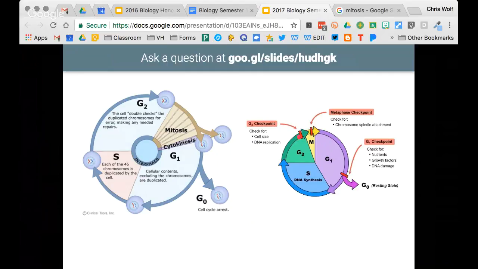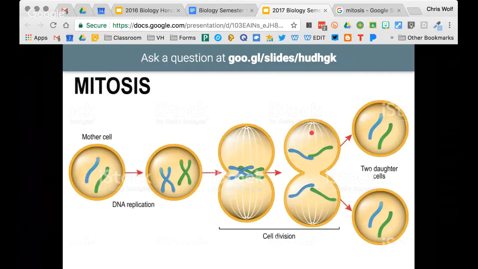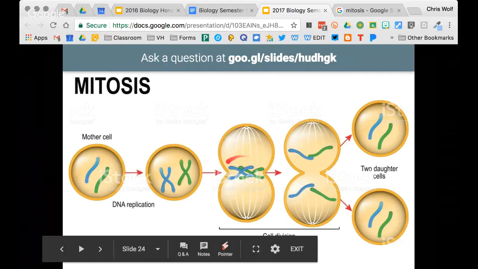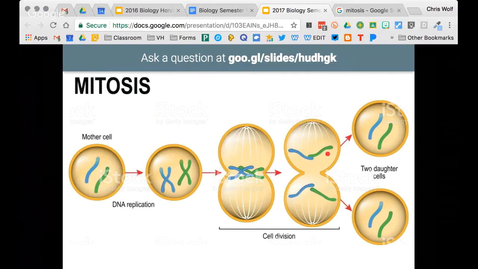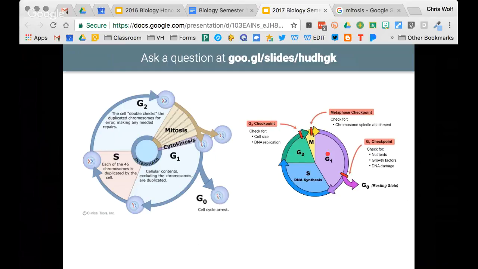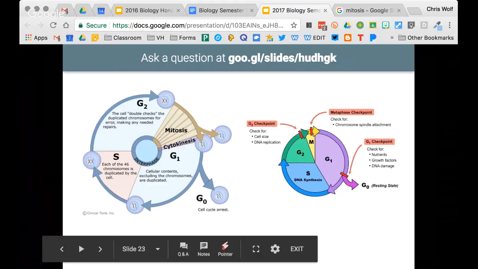If yes, we go into mitosis, and then we check if the chromosomes lined up correctly, so we can divide them. Basically, we're checking to see if mitosis will happen correctly at the mitosis or cell division checkpoint. So those are the three checkpoints that are important for the cell cycle.